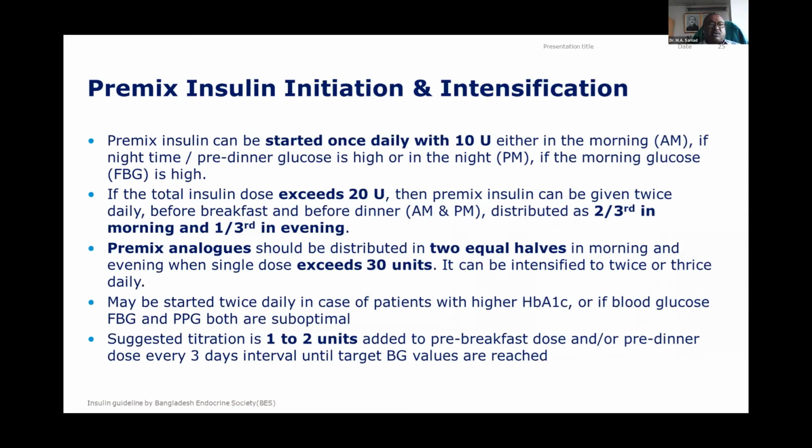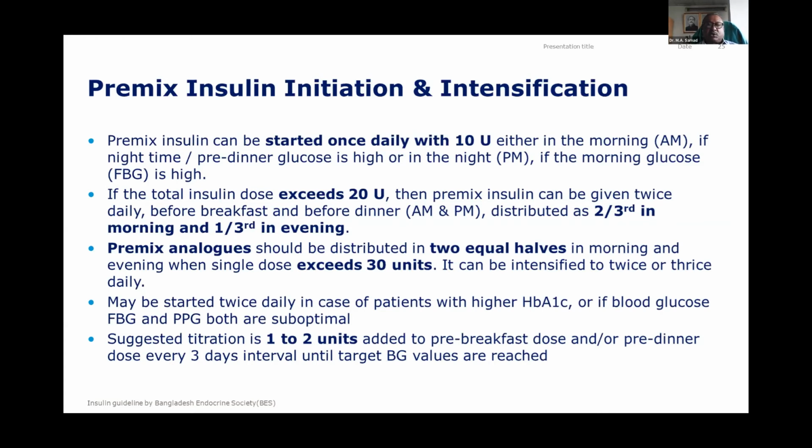So premix insulin, initiation and intensification. It can be started once daily with 10 units, either in the morning or at night. If the total insulin dose exceeds 20 units, then premix insulin can be given twice daily, before breakfast and before dinner. The rule is two-thirds in the morning and one-third in the evening, usual in our context.